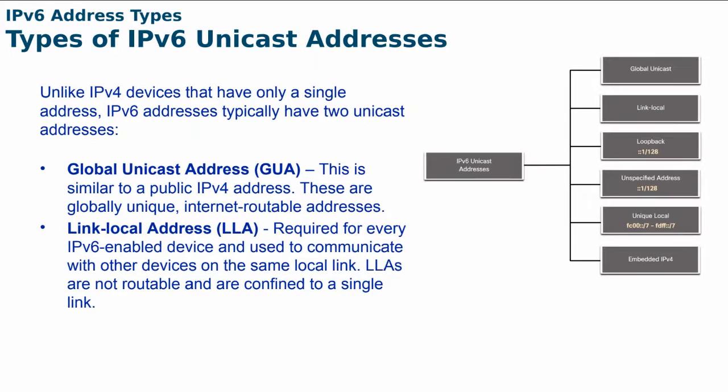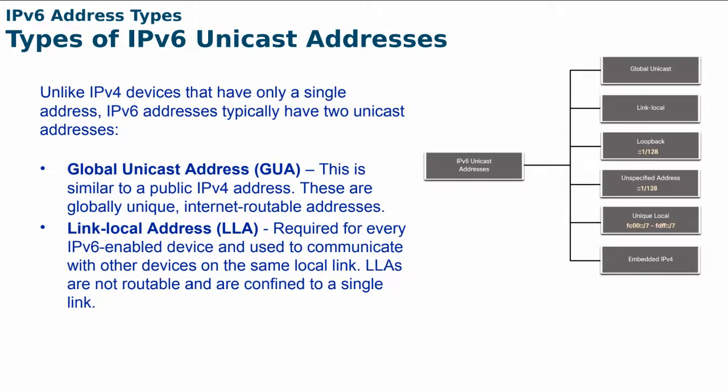Types of IP version 6 unicast addresses. You remember in IP version 4 we have only one unicast. But here we have 2 unicast addresses. We have a global unicast address, GUA, and this is similar to a public IP version 4 address. So these are globally unique internet routable addresses. This is the global unicast address.